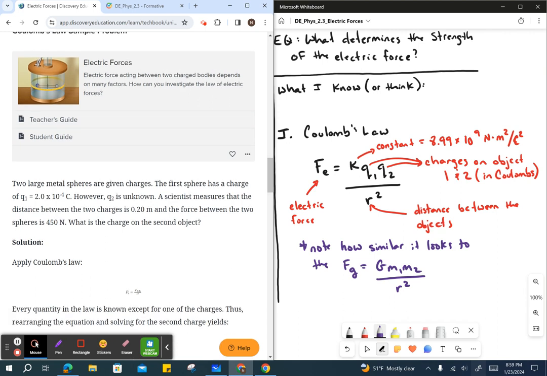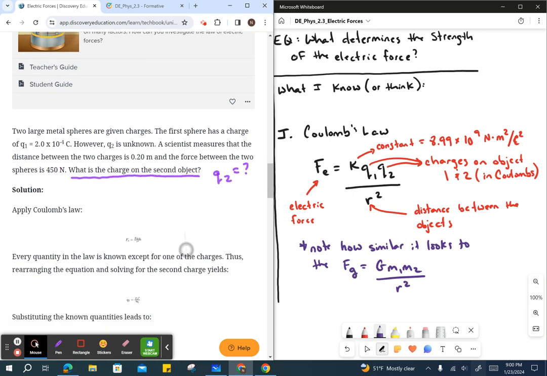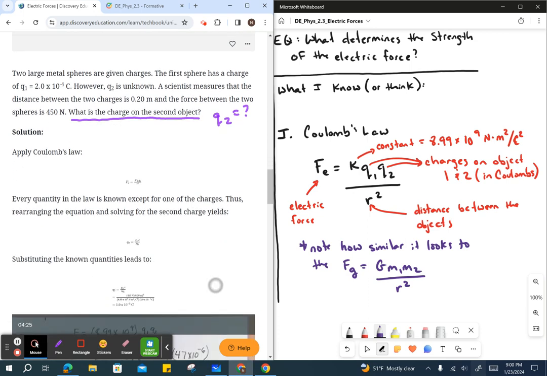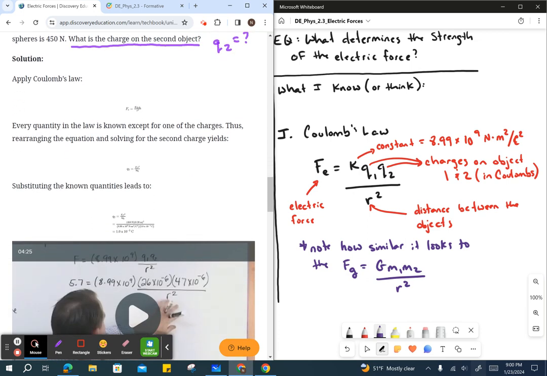In this sample problem, you can very quickly see that they're looking for you to find the charge on Q2. So that means you're going to have to rearrange the formula so that you're solving for Q2. They walk you through this, and then they plug in the numbers.